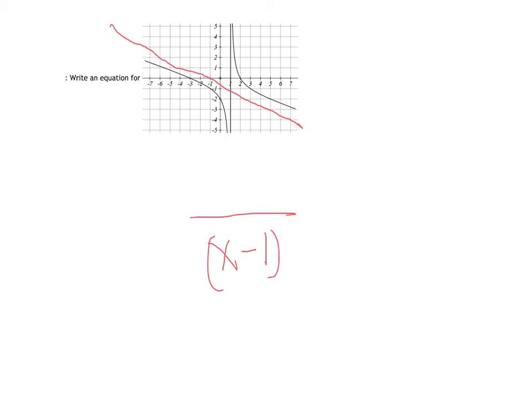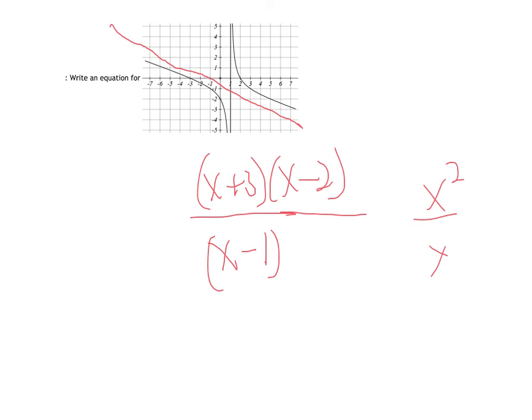I'm seeing a graph with a 0 at negative 3, so x plus 3 and x minus 2. Well, that gives me a top-heavy function, and if I FOIL that all out, that would give me an x squared over an x. It's close. The only thing I must be missing is some kind of stretch factor.